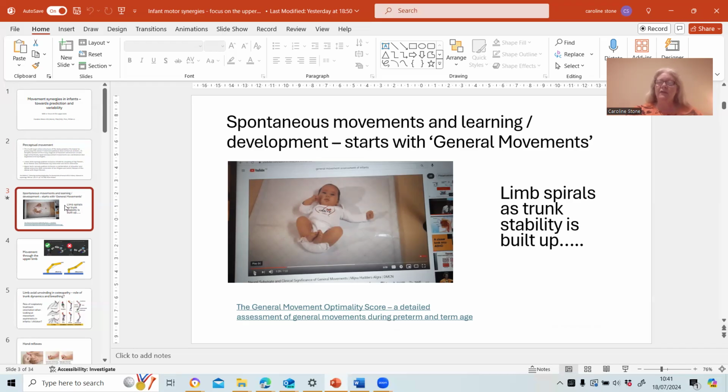There's a pattern of how the trunk is moved, how each limb is moved, what movement is going on within the limb, and whether all 5 limbs, if I can put it that way, are moved and engaged, so that you can then observe the infant and score its movement potential, and it really gives insight into cerebral tissue health as well. Your general movement score can be one of the best and earliest ways of picking up cerebral palsy, for example, as that then means that the limb expression is not as it should be.